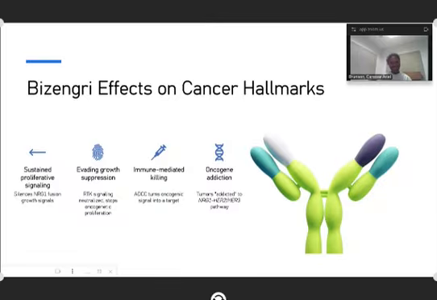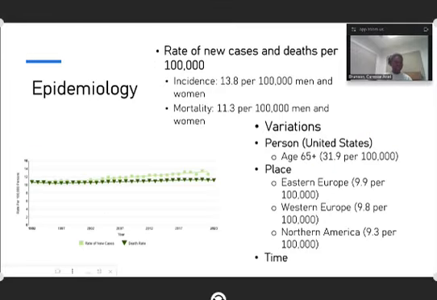Covering the epidemiology portion of pancreatic cancer. According to the National Cancer Institute Surveillance, Epidemiology, and End Results Program, also known as SEER, the age-adjusted incidence rate of pancreatic cancer based on 2018 to 2022 cases was 13.8 per 100,000 men and women, and the mortality rate was 11.3 per 100,000 men and women per year.